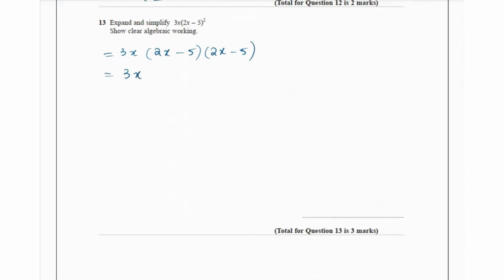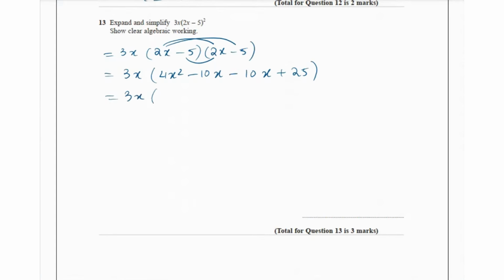So expand those brackets. That's going to be 4x squared because 2x times 2x is 4x squared. Then 2x times 5 is negative 10x. Then negative 5 times 2x, negative 10x. And 5 times 5 is 25.